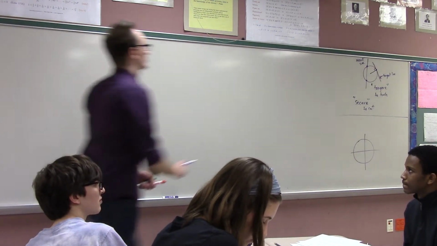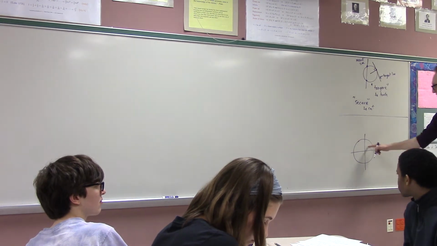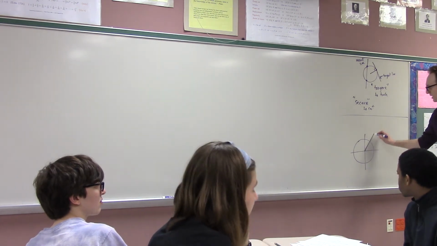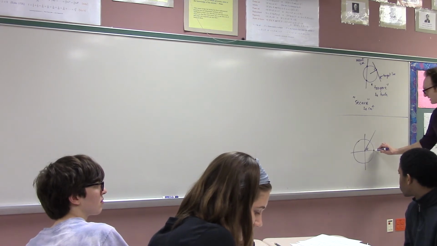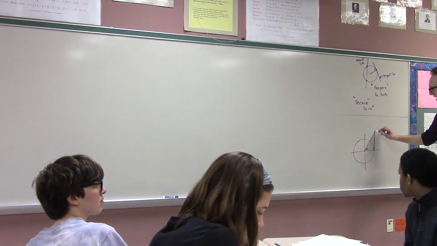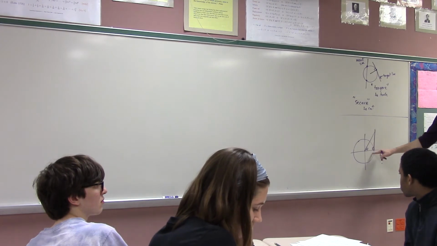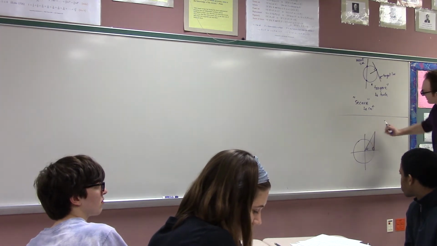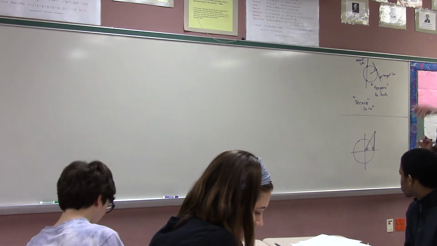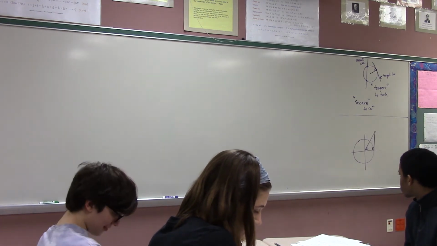Here's the unit circle. If I draw an arbitrary angle here, and then I extend from the point (1, 0) a tangent line to the circle, then a triangle is formed, and the sides of this triangle can be represented with the trig functions.